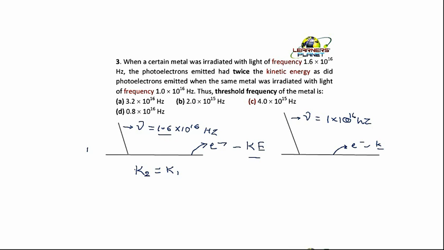Now students, what is the expression for this kinetic energy? We can solve it on a page here separately. It is saying that the frequency, we will take it as nu2, is equal to 1.6 into 10 to the power 16 Hertz, and K2 is equal to 2K1, whereas your frequency nu1 is equal to 1 into 10 to the power 16 Hertz.